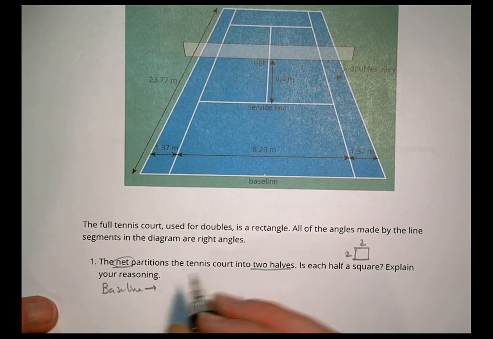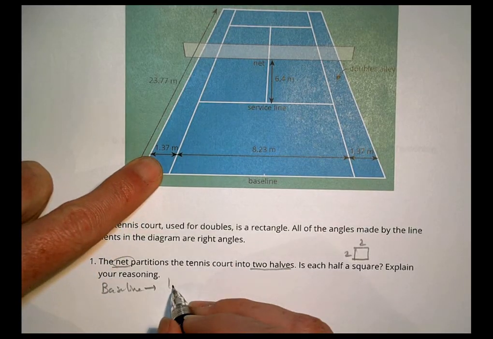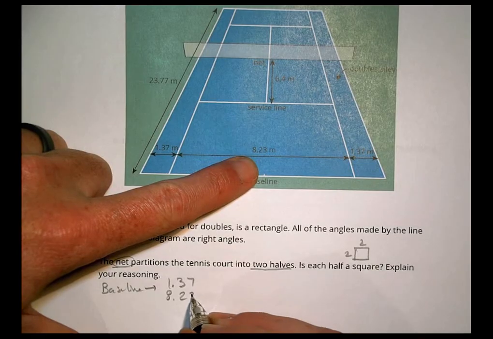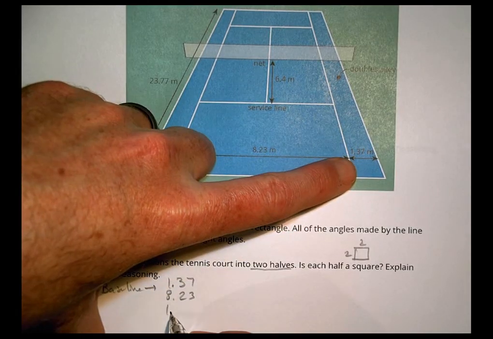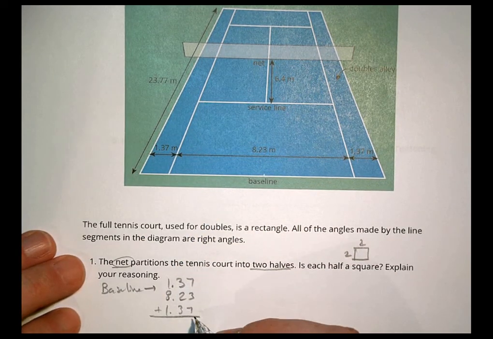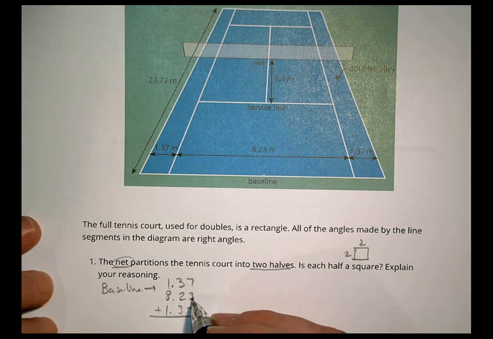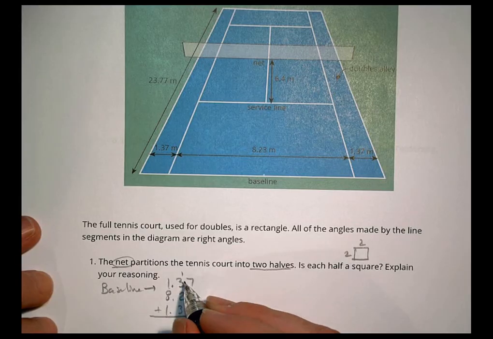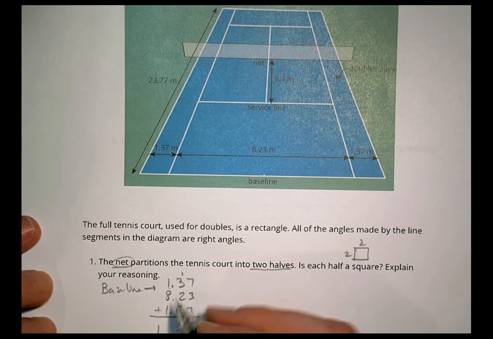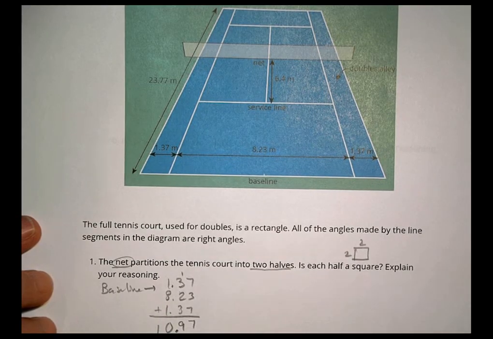The baseline has 1.37 right there, has 8.23 right there, and a 1.37 there. Meaning the total distance of the baseline will be the sum of these 3 parts. So I have 10 plus 7 is 17. I have 3, 4, 5, 6, 7, 8, 9 there. And I have 8, 9, and 10 there. So the baseline is 10.97.